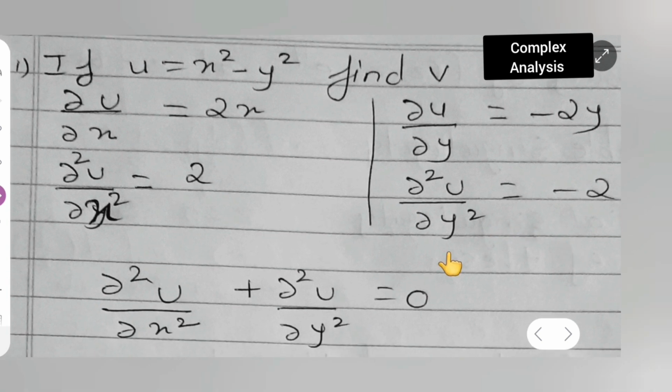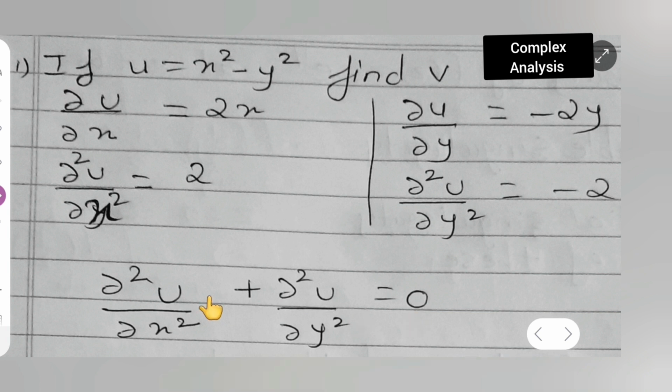Then what you have to do over here is add these. So dou square u upon dou x square plus dou square u upon dou y square is equal to 0. So we are getting 0 over here. So u is the harmonic function.